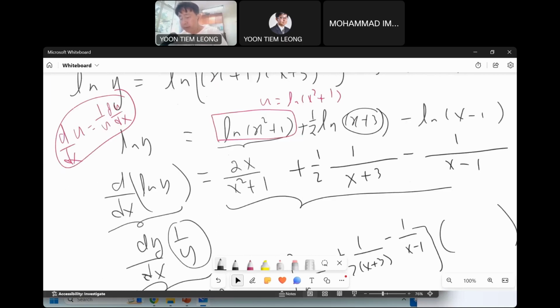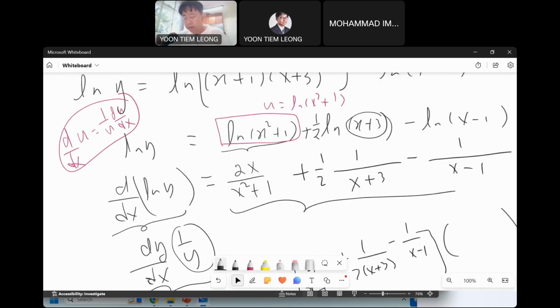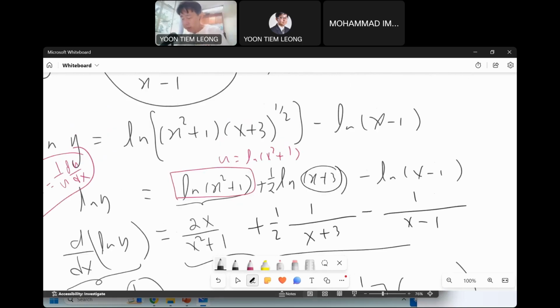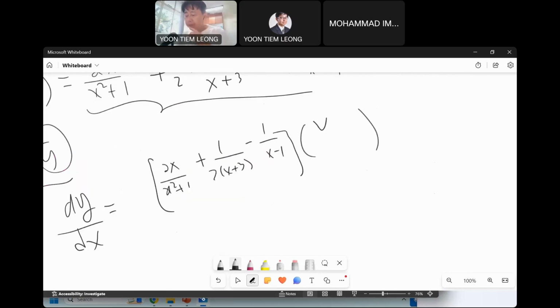Here this is y, so I might just as well leave the expression in terms of y instead of writing out the full expression of y. So that is how you can use the natural log to perform the derivative of a complicated algebraic function.